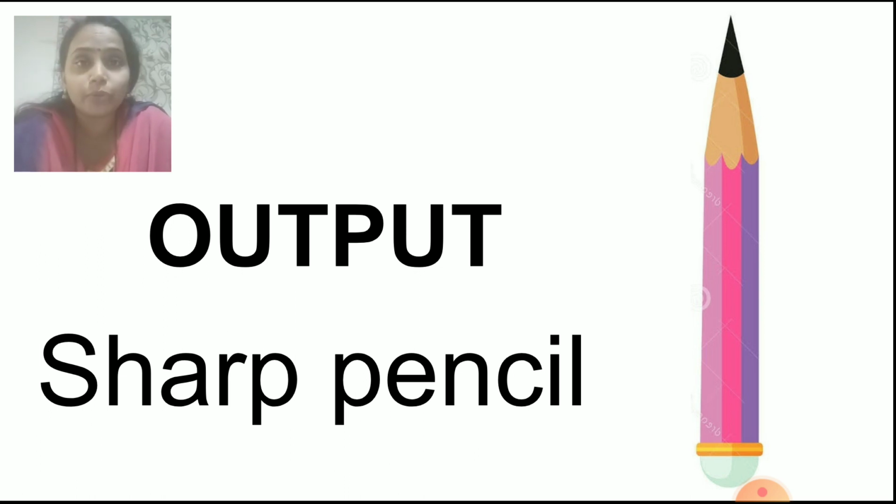Like this computer works. You need to give input to the computer, then computer works on that input, on that information, on that data. It processes it in the brain of the computer. Into the brain of the computer means into the CPU it gets processed. Then we get the output on the monitor.